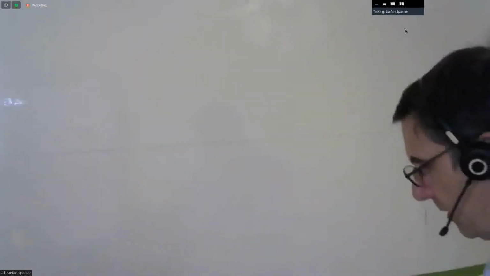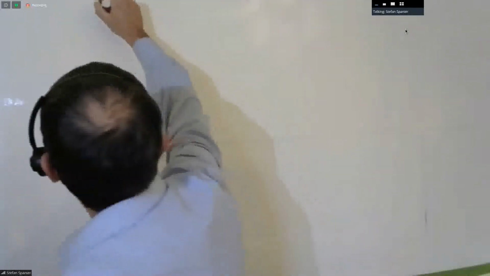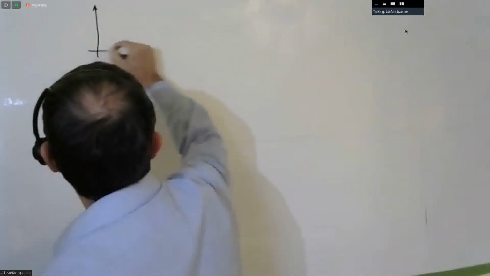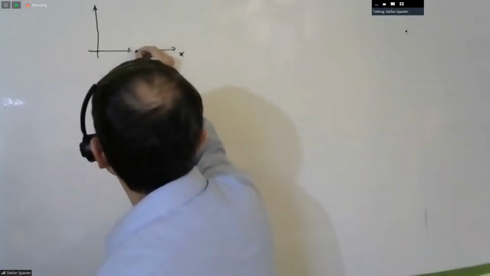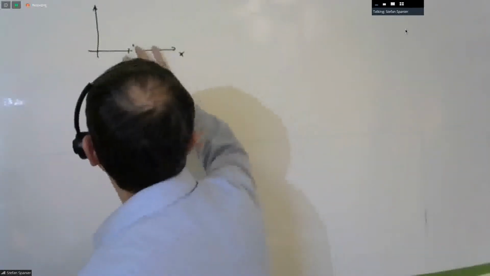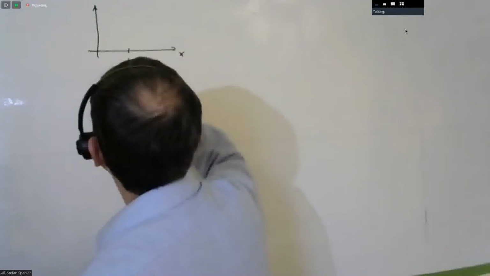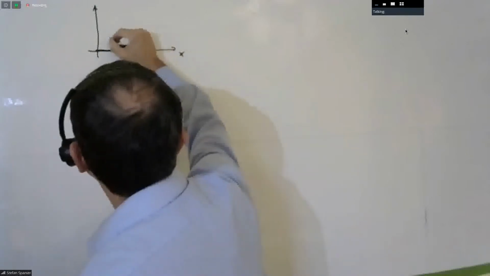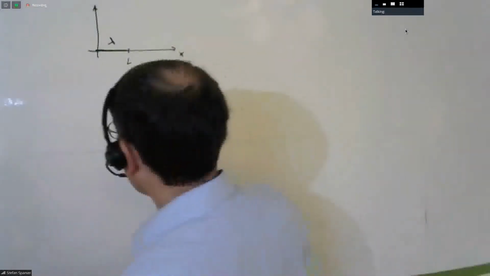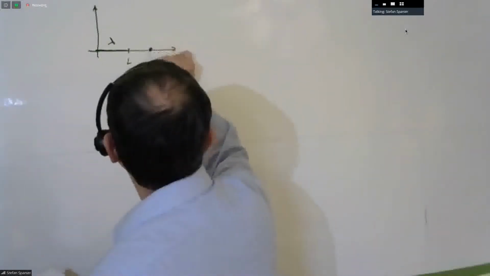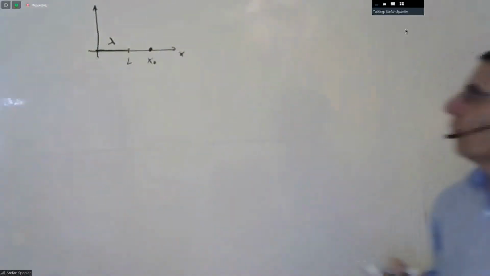In this case, I provided a drawing. Along x, there is a line charge. It's limited between 0 and L, uniform. And in this case, we want to calculate it over here.